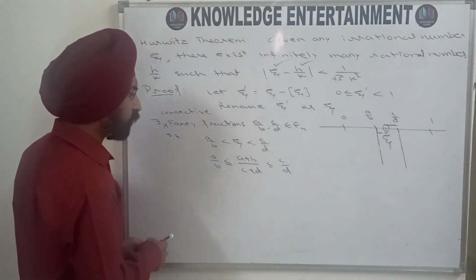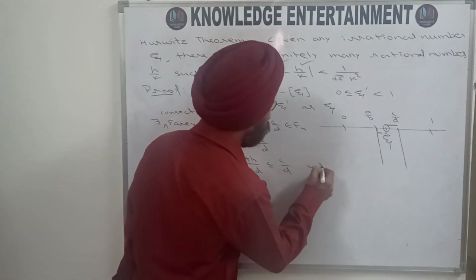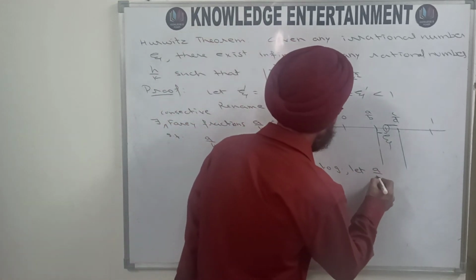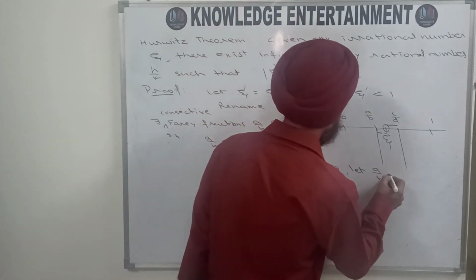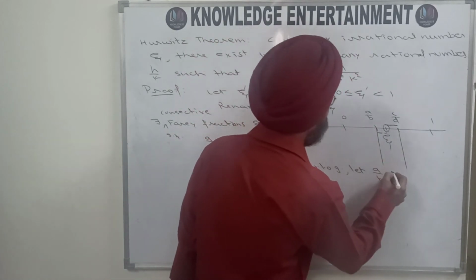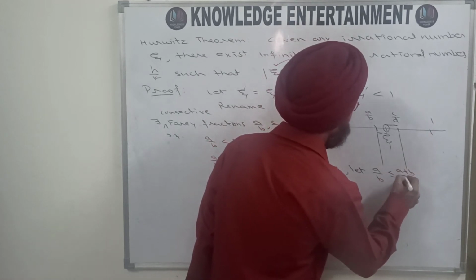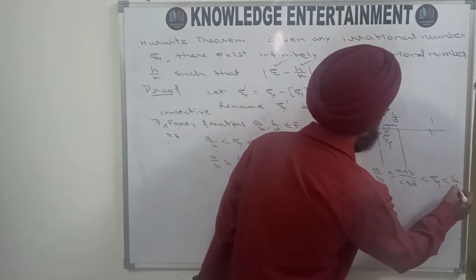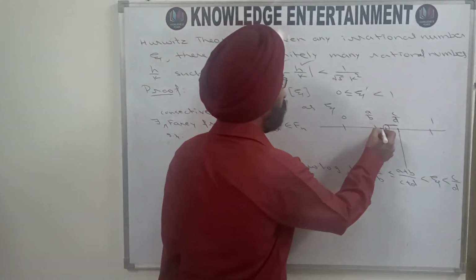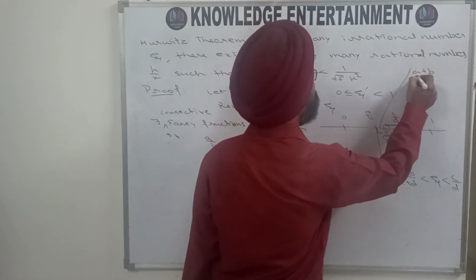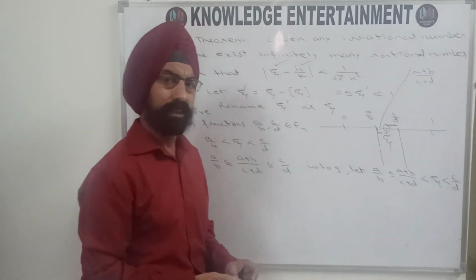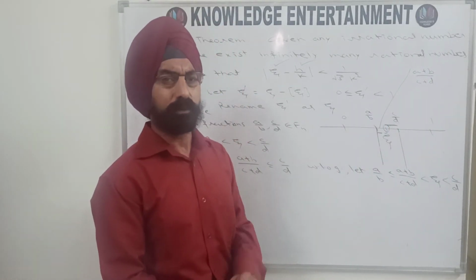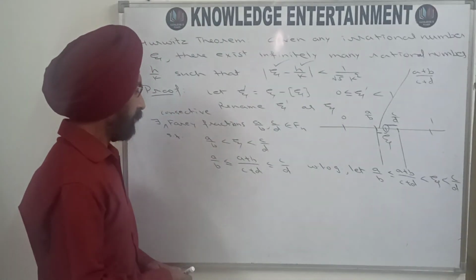So without loss of generality, let a upon b be less than or equal to a plus b upon c plus d is less than xi is less than c upon d. So I have taken a plus b upon c plus d in this region. You may take it in this region and you can prove the theorem on the same lines which I am going to use.